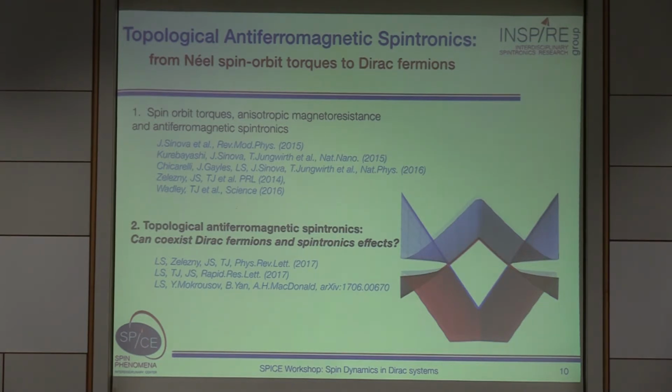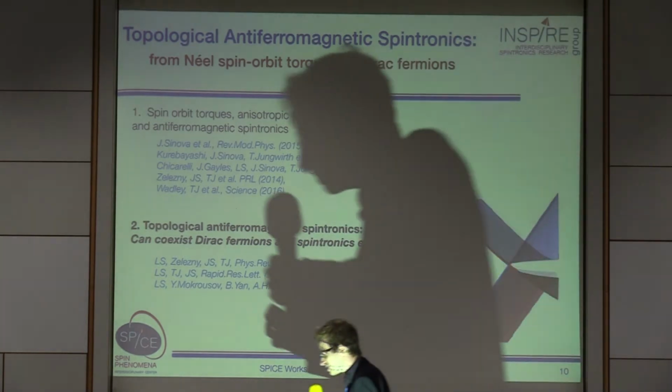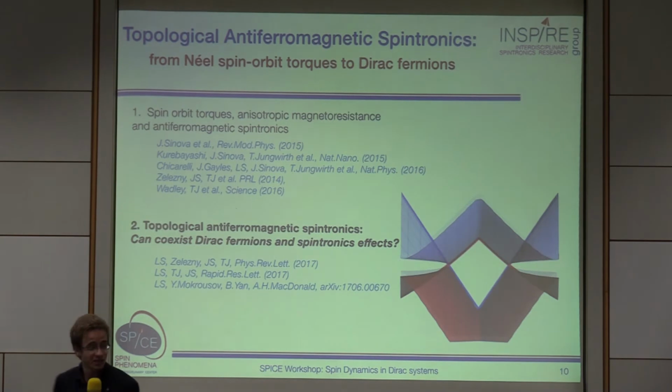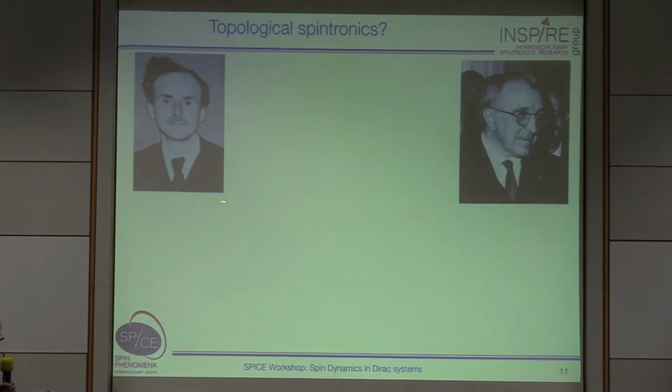So now let me go to the second part. So I said this showing that antiferromagnets can do really something active in nanospintronic devices is also giving new ideas. And one of the ideas is that when you have, let's say, a Dirac quasi-particle system, like a topological system.